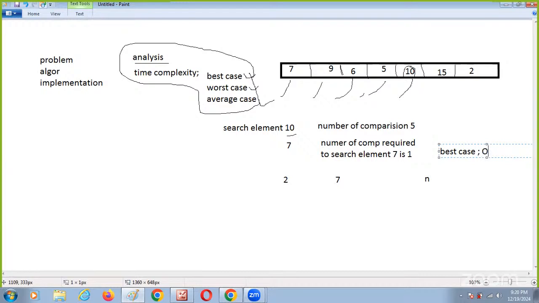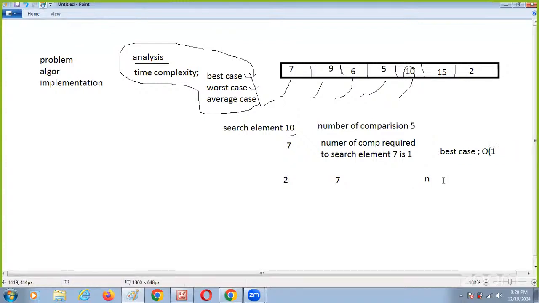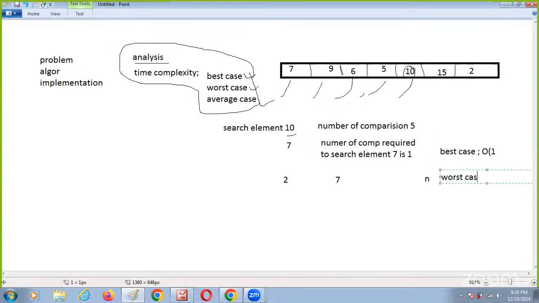Order of 1. Sir, what is the worst case time complexity? Best case is order of 1. In general, what is the worst case? Suppose I have 100 elements in the list.